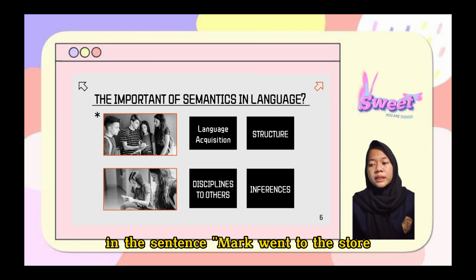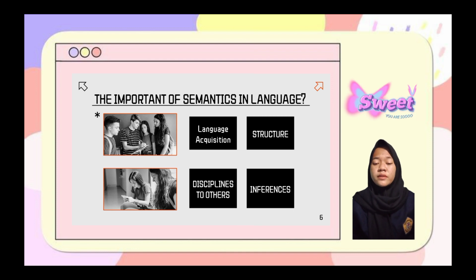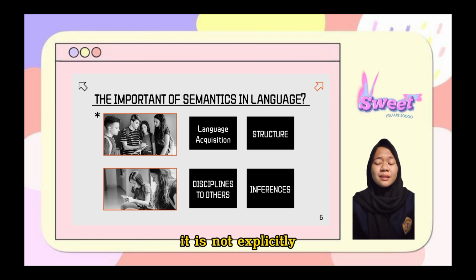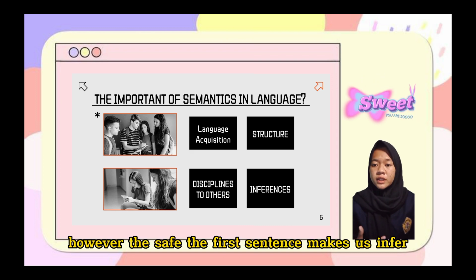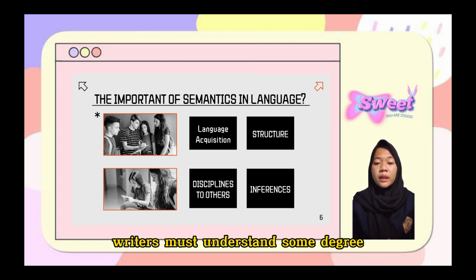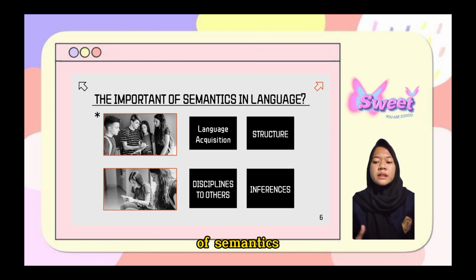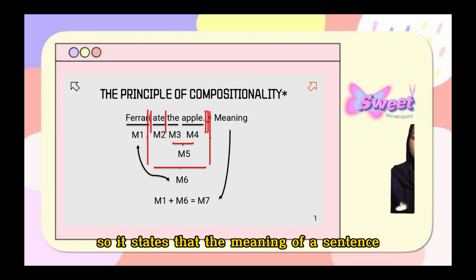For example, in the sentence, "Mark went to the store, he bought some milk," it is not explicitly shown that the second sentence refers to Mark. However, the first sentence makes us infer that it is Mark that bought milk. Writers must understand some degree of semantics to know that their meaning will be properly inferred.